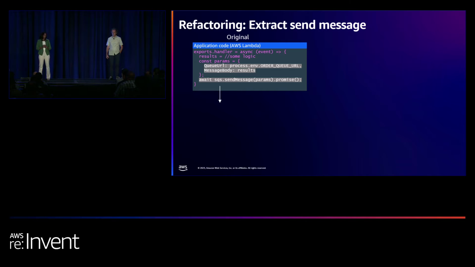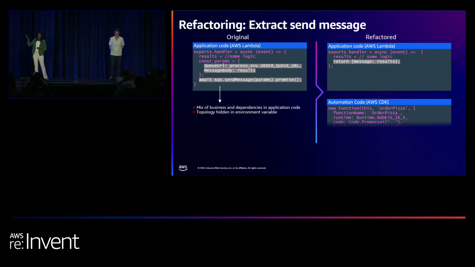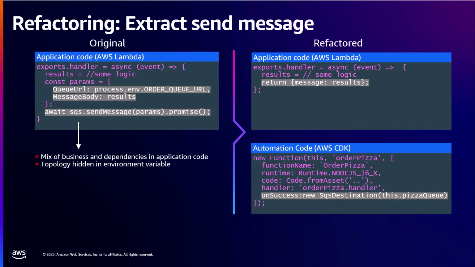So what's wrong with this code? It's a trick question. There's nothing wrong. This works absolutely fine. Then why would you want to refactor this? Well, if you see, the Lambda function is mixing your business logic with your application topology and integration.